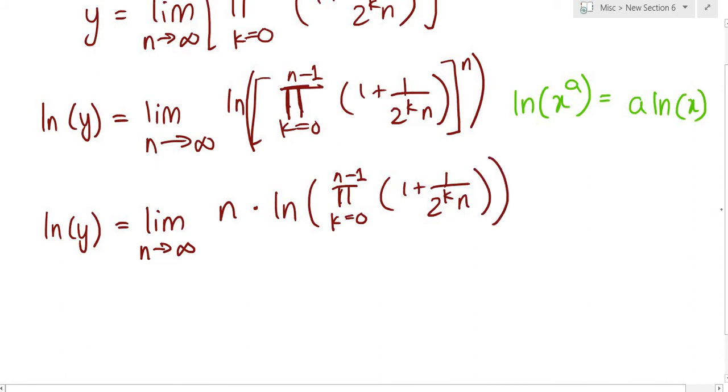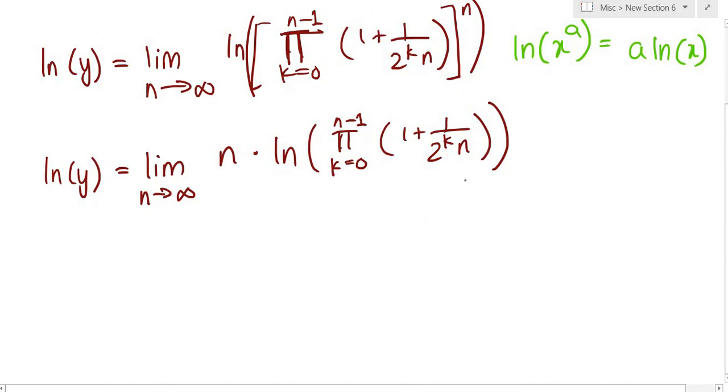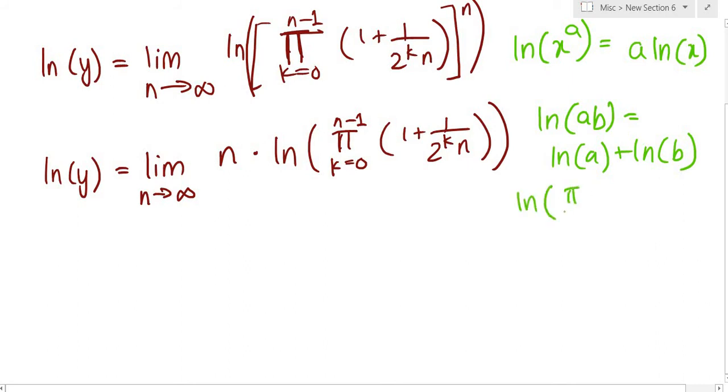Now let me remind you, before we do anything, of another log property. Say we had the natural log of a times b. You can decompose this into the sum of two separate logarithms. So the natural log of a times b becomes the natural log of a plus the natural log of b. So let me just generalize this result. Say we have the natural log of the product from j equals 1 to a of b sub j.